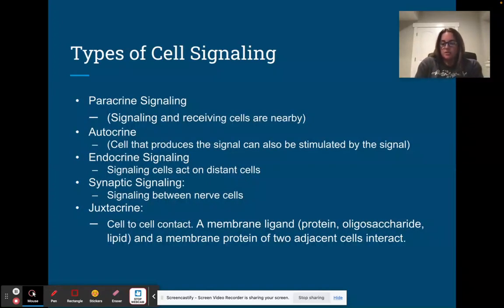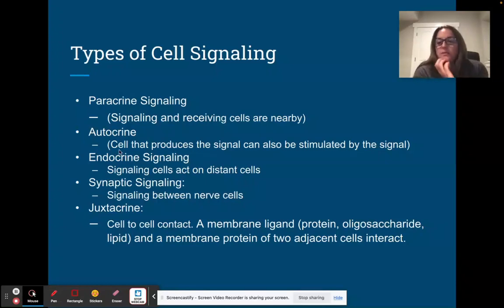So just to explain some different types of cell signaling and how this can work, there are different ways that the signals can be produced and where they end up being picked up. So this first one is called paracrine signaling. This is when a signal is released from a cell and it's impacting a cell that's in the local environment.